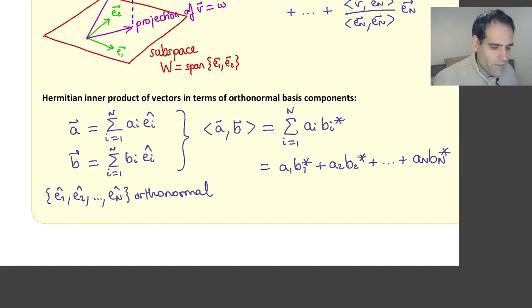So this is a fast way of calculating the inner product between two vectors when you can express them as components in an orthonormal basis.